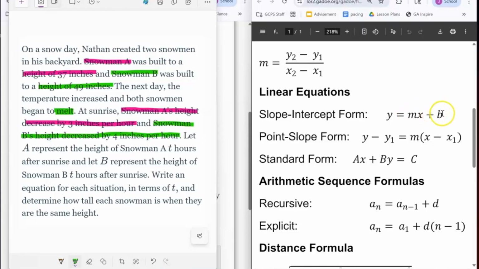Okay, that's slope. And then plus b is your y-intercept. That's the number that happens one time, your start or your initial. Once you identify it, you're just putting it in the equation. So again, what is the number that happens once, or what's my start? And then what's the number that keeps happening, and pay attention to the symbol.